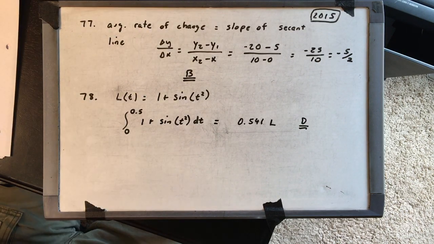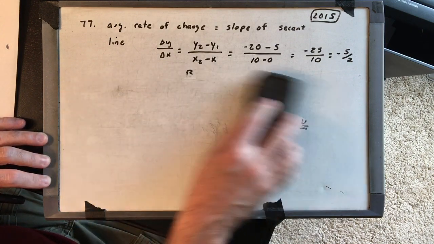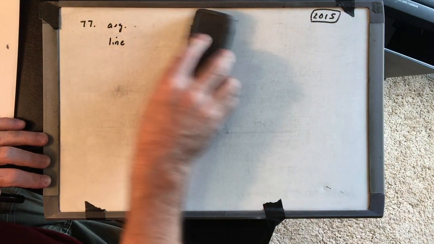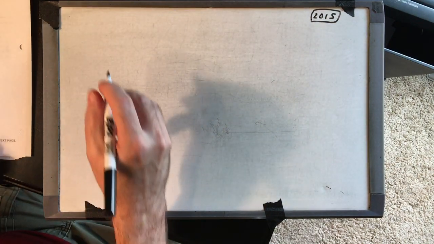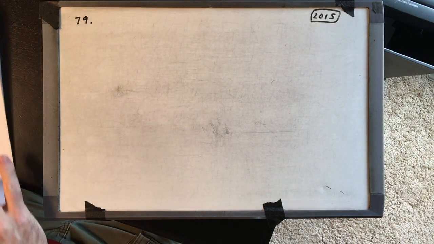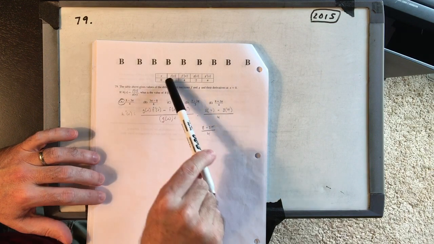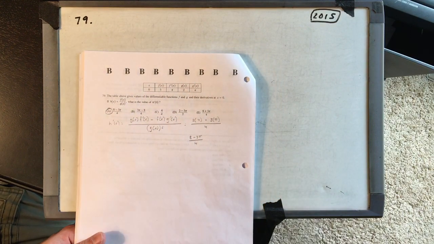Okay, we're going to do a couple more, and we'll call it a video. So let me erase. Number 79. Okay, 79 is referring to this table here. I'm not going to write that out. Just follow along with me.